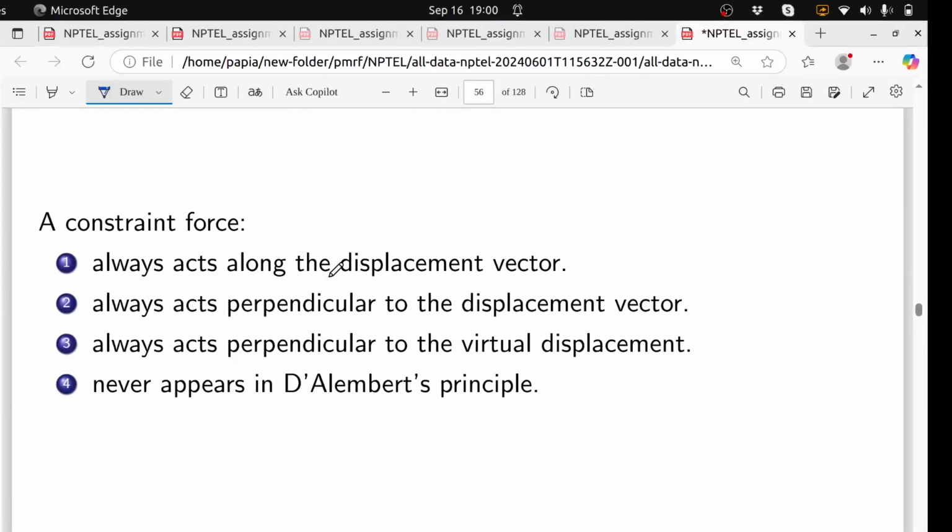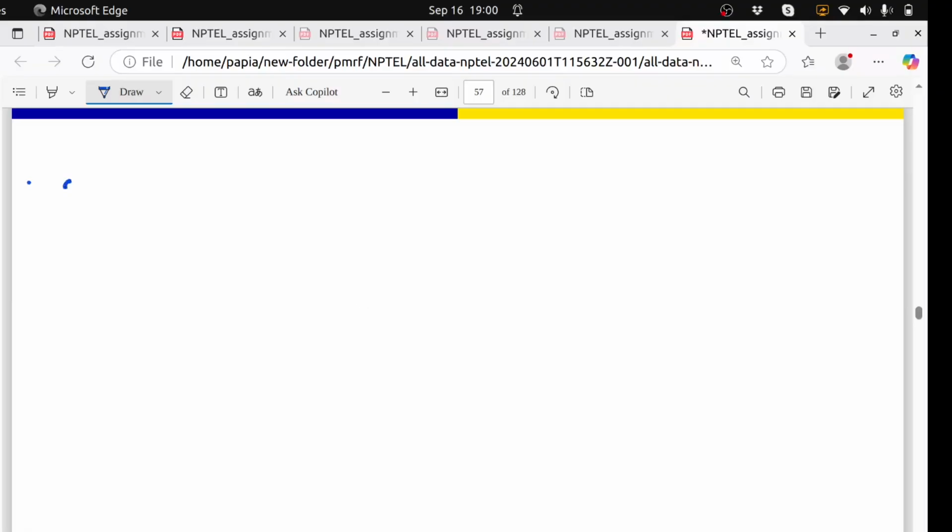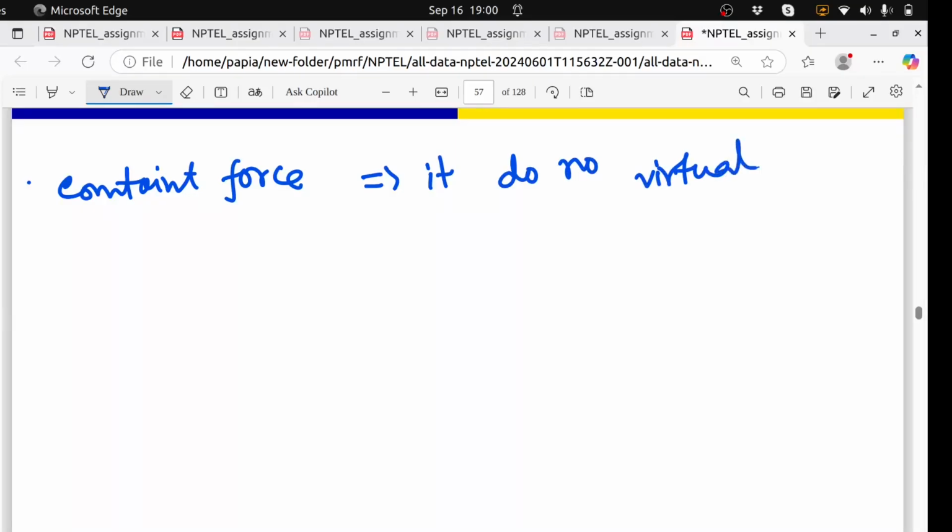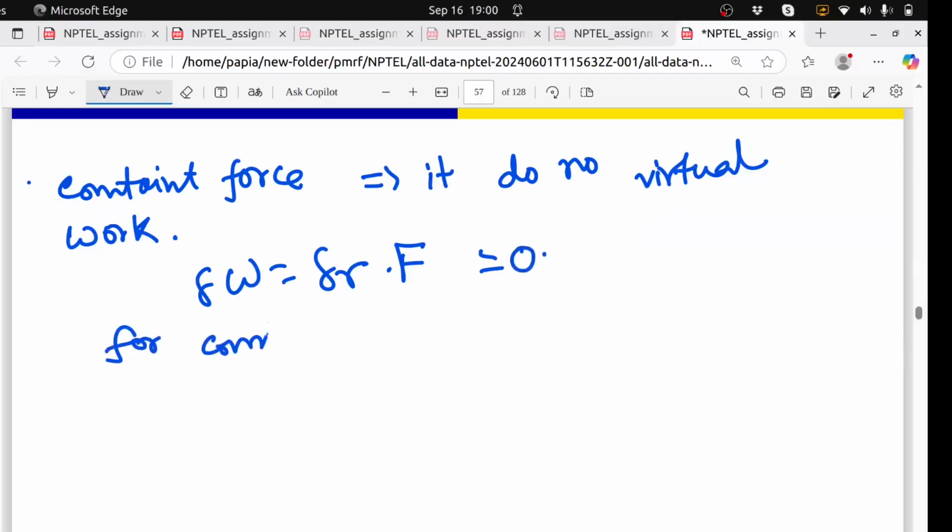A constant force always acts along the displacement vector, perpendicular to the displacement vector, acts perpendicular to the virtual displacement, or never acts in real numbers principle. Okay, so for the constant force case, we know that it does no virtual work. That means delta W equals delta dot F equals 0 for constant force.